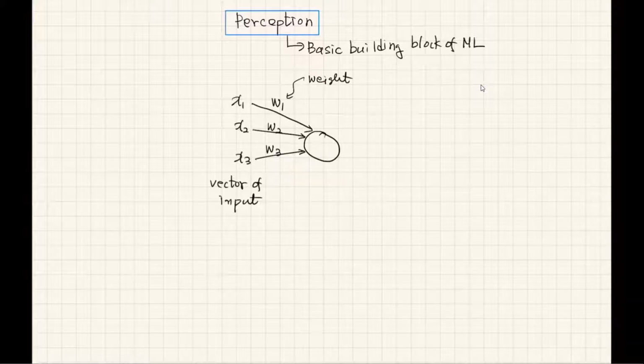And x1, x2, and x3 will be weighted by W1, W2, and W3, and those will be added to make a sum. That sum will be input to the activation function.